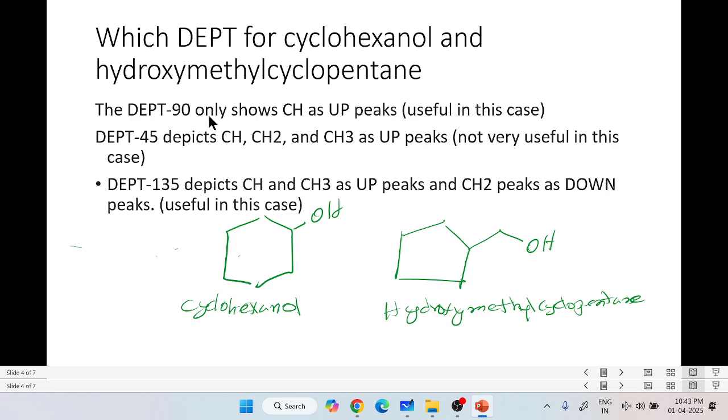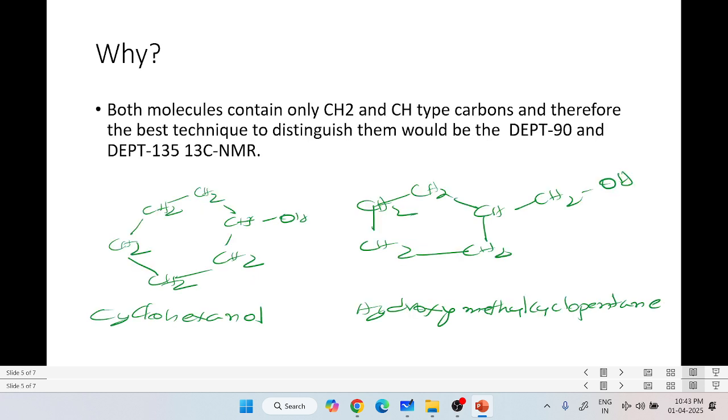Of these, only the DEPT-90 and the DEPT-135 techniques are going to be useful in our case. This is because both molecules contain only CH2 and CH type carbons, and therefore the best technique to distinguish them would be the DEPT-90 and DEPT-135 13C NMR. So that's why we are going to use these two techniques to distinguish the molecules.